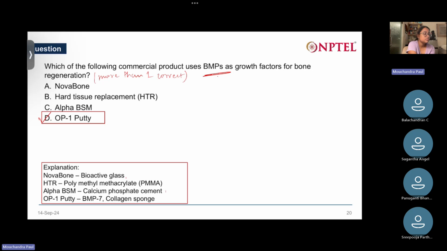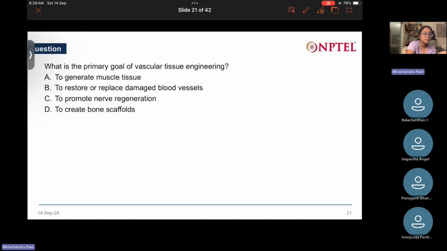Now it's the next question. So we have now looked into all the questions for bone tissue engineering. Now we will move to some of the questions related to vascular tissue engineering. All right. First question is this. Very simple. What is the primary goal of vascular tissue engineering? Why do you need to use vascular tissue engineering principles? First is to regenerate muscle tissue, second to generate or replace damaged blood vessels, third to promote nerve regeneration, fourth to promote creation of bone scaffolds.